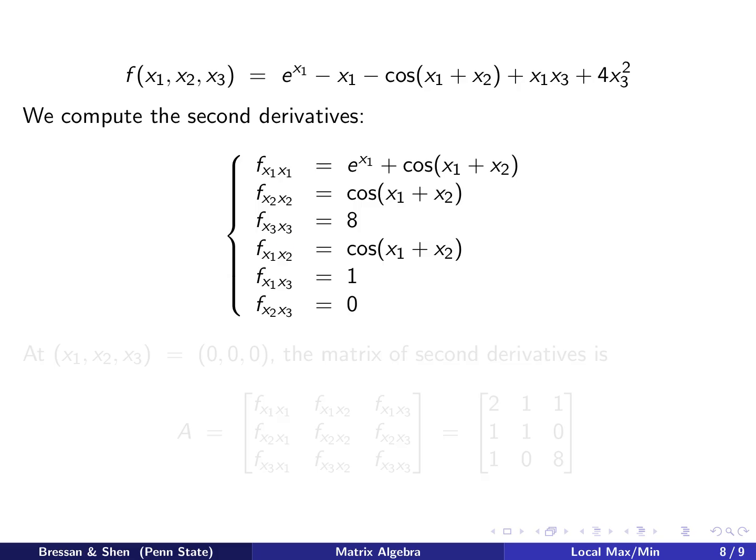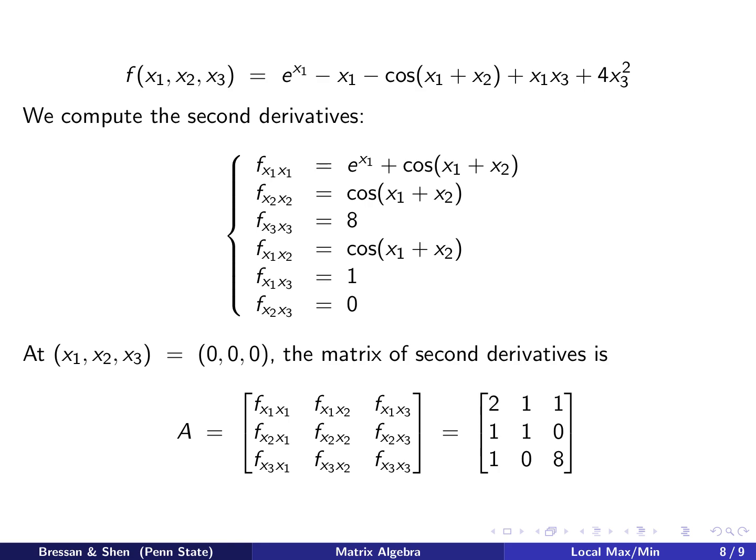And then x3, you will get that. And then there will be the mixed derivatives. You differentiate with respect to x1 and then x2, you will get this. And also, if you differentiate x2 first and x1 afterwards, it's the same because this is a continuous, smooth function. With respect to x1, x3, or x3, x1 is 1, and then the last one is 0.